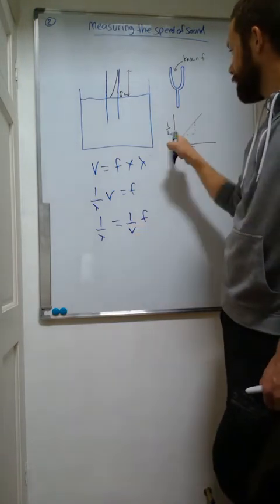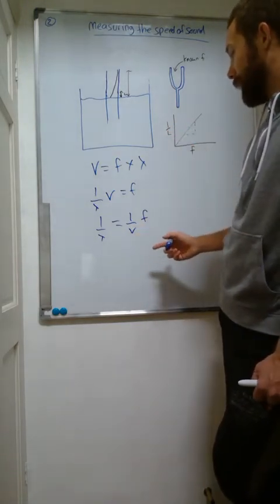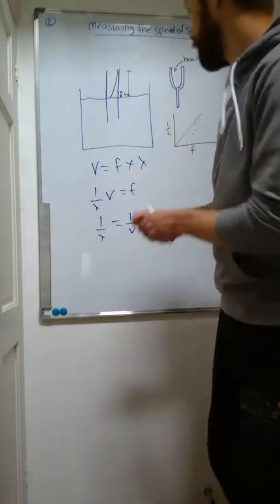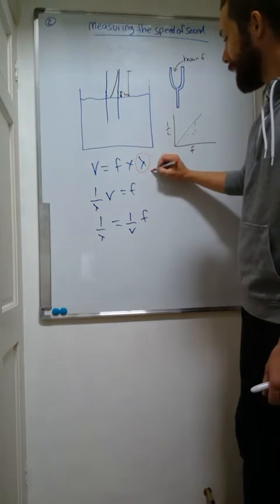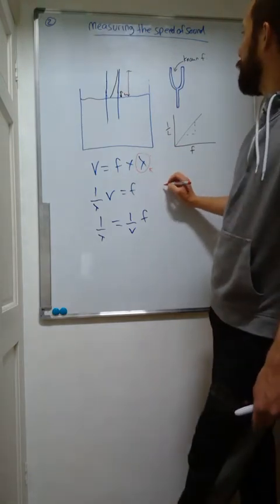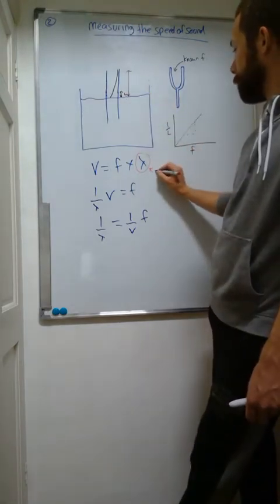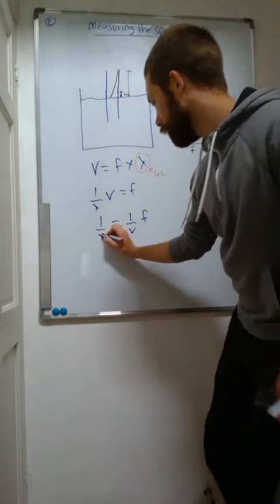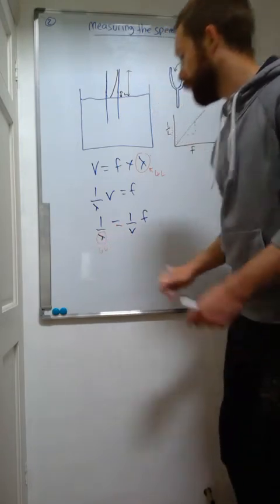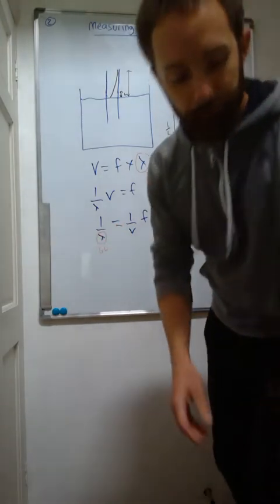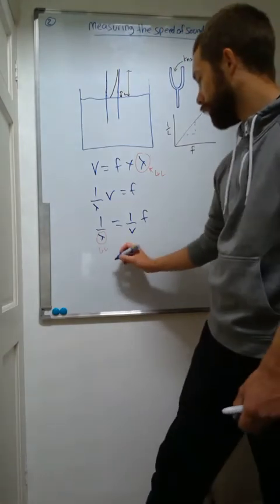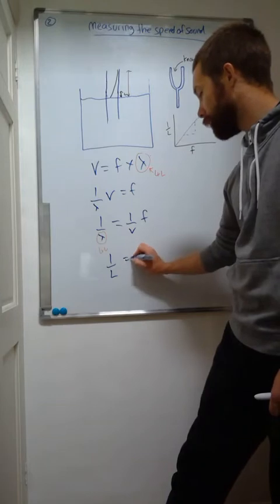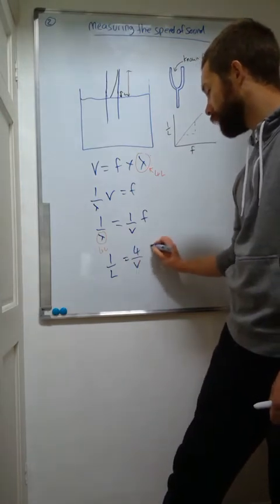But what I'm plotting is 1 over length, and we know if we substitute in that lambda is actually equal to 4L. So we can finally say that 1 over L, bringing the 4 up, equals 4 over v times f.